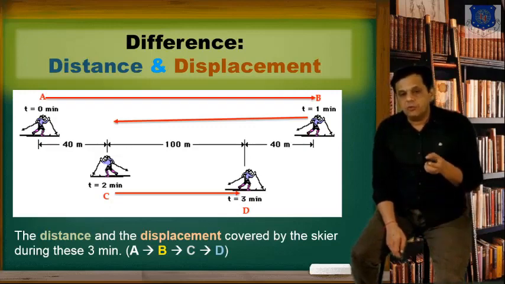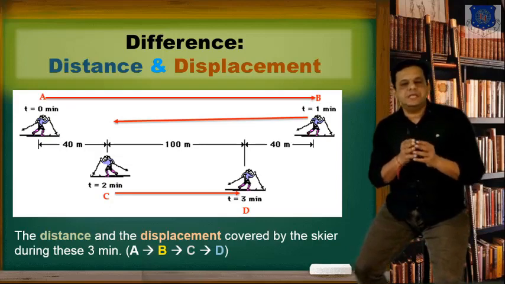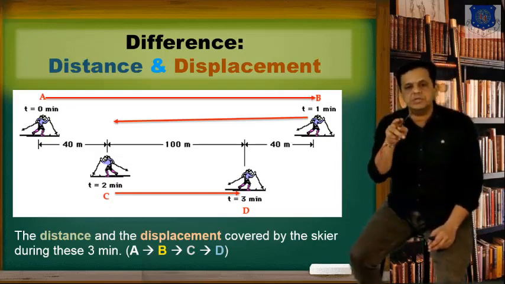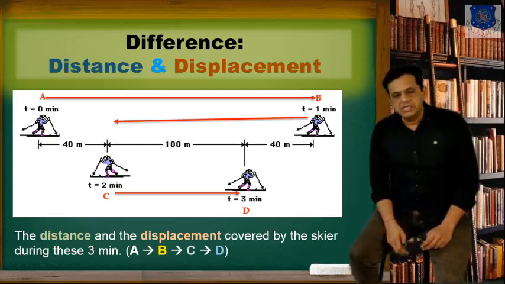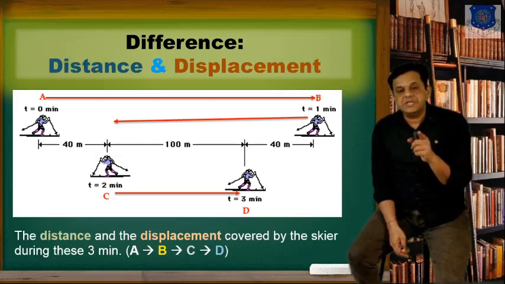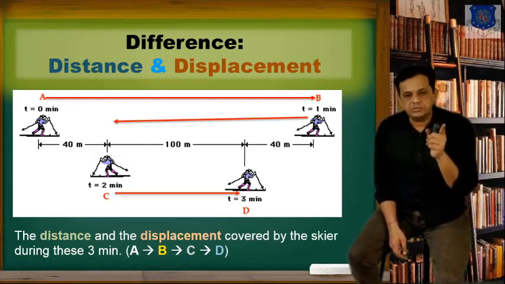Now, what is the displacement actually? The difference between displacement and distance: distance is when we go through a particular path and we measure it in meters or centimeters or kilometers. Displacement is straight away from the starting point to the end point.